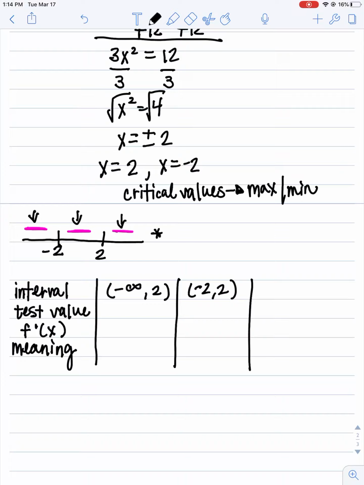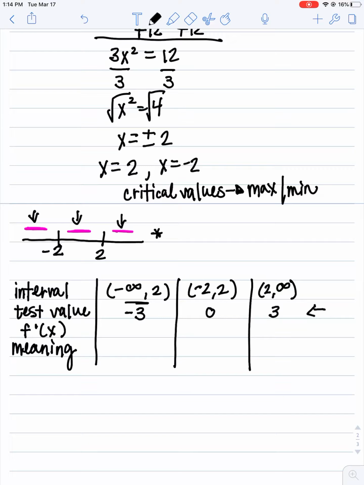And the last interval I'm looking at right here is positive 2 to infinity. Okay? And so what is a number between negative infinity and negative 2 right here? Well, negative 3 is over there, so I'm going to plug in a negative 3. What number is in between negative 2 and 2? Well, 0 is in between those two numbers. And then what is a number between 2 and positive infinity? Well, 3 is.